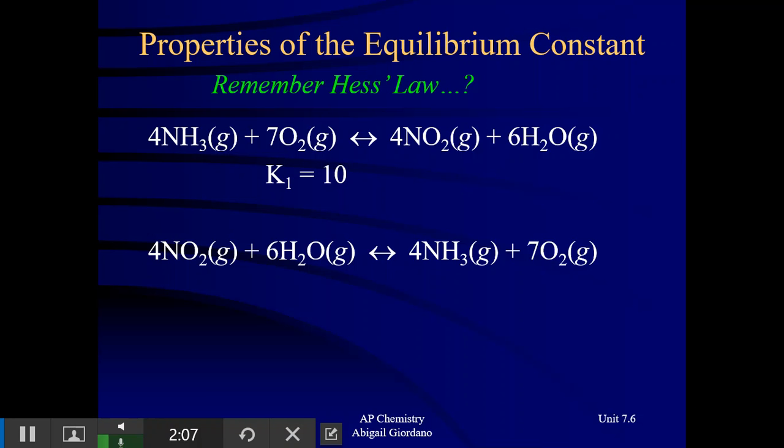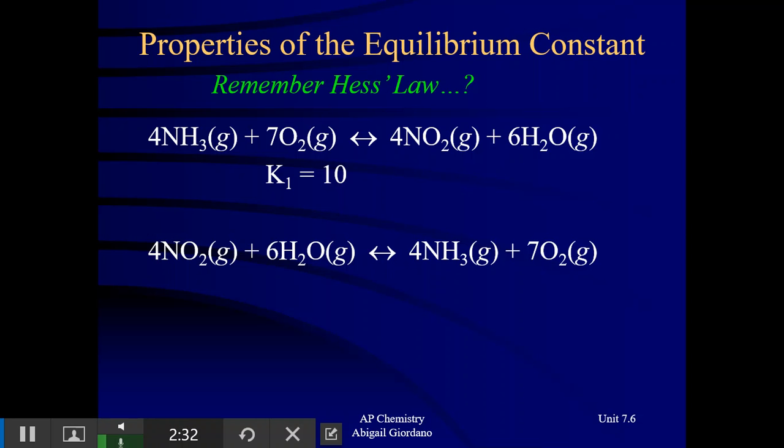Let's imagine that the first reaction has an equilibrium constant value equal to 10. Remember, guys, the equilibrium constant is just molarity of the products over molarity of the reactants. If you flip-flop those positions, you're not going to make the K value negative.